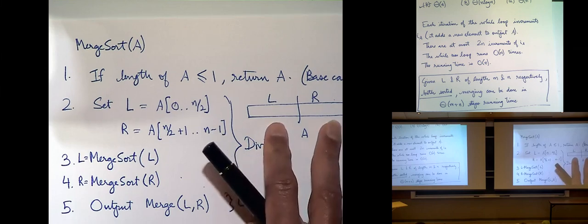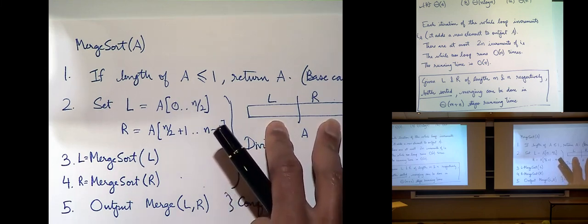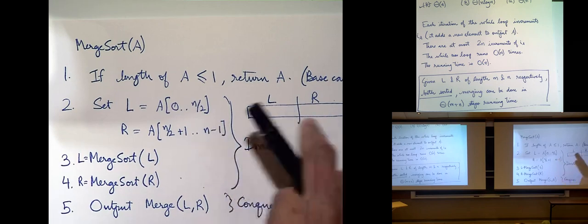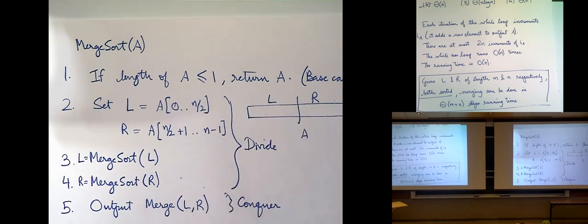Recursively, you assume that L and R are going to be sorted, and as long as this merge is correct, then the whole thing is going to be correct, and so that gives you the code for merge sort. Any questions? It's not obvious why this runs in n log n time. That's something I will come to later. But right now I want to make sure that you understand that you can merge in linear time, and once you can merge in linear time, at least you can write that procedure down.